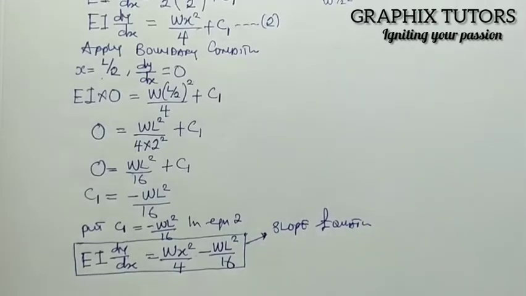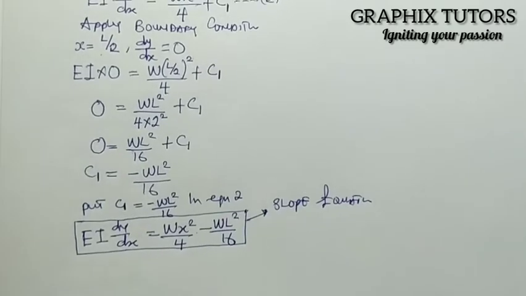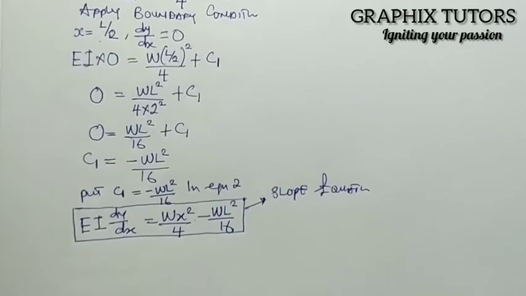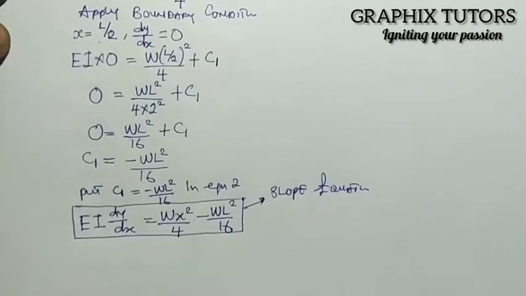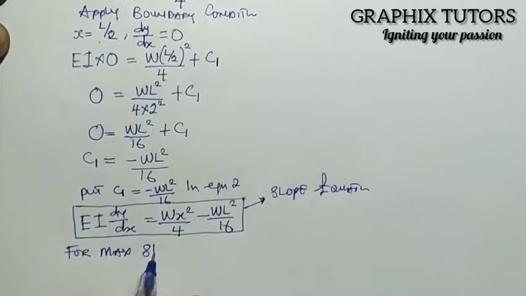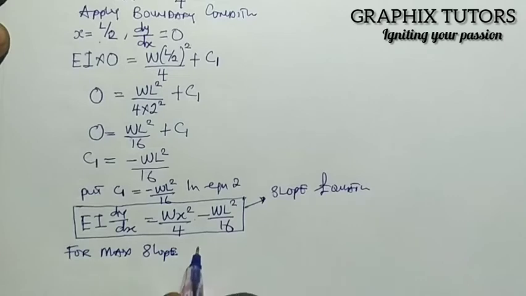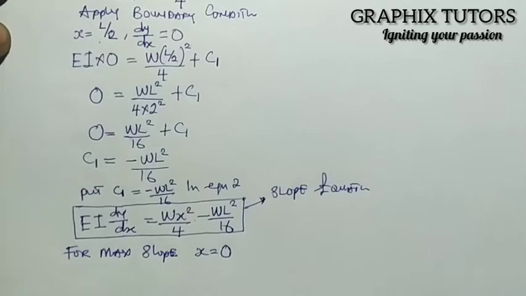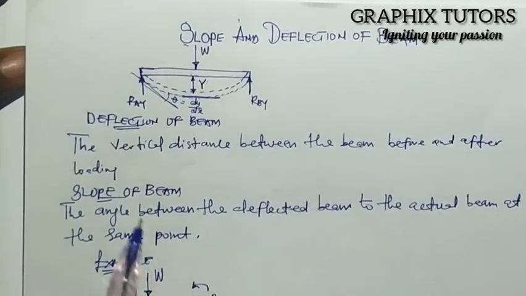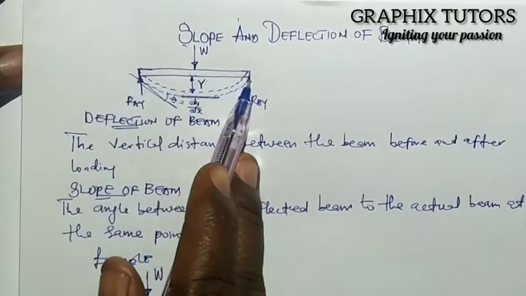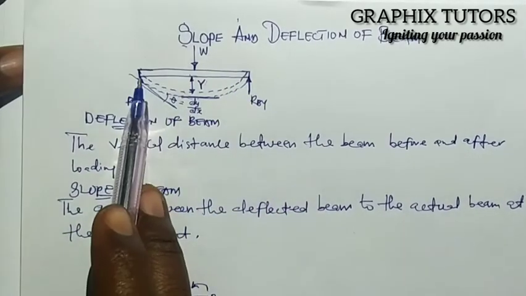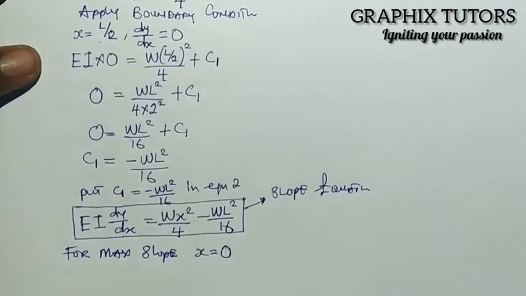Now that's not all. We proceed to get our maximum slope. For maximum slope, x is equal to 0, because if you check here, our slope is maximum at point A and at point B. So at x equals 0, we have our maximum slope.